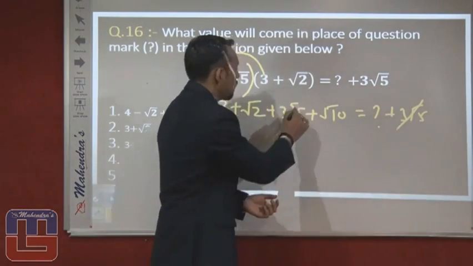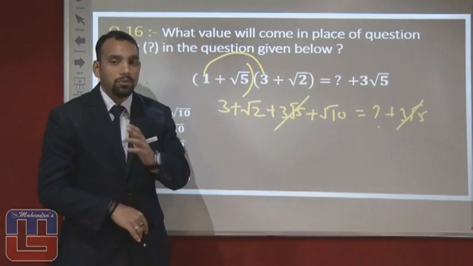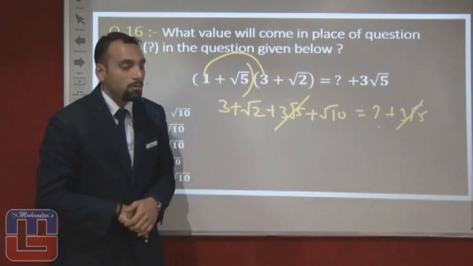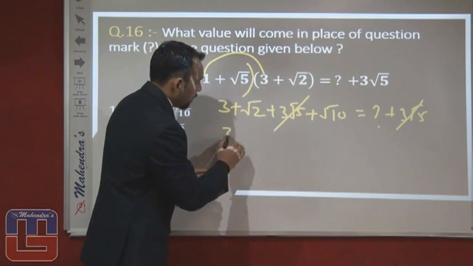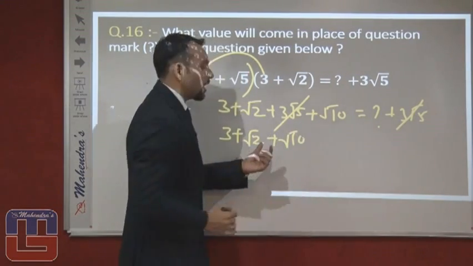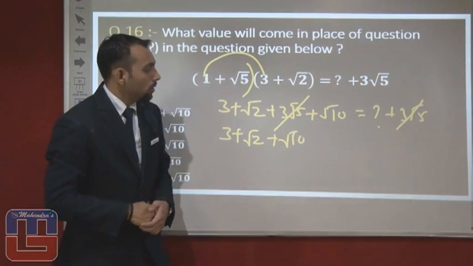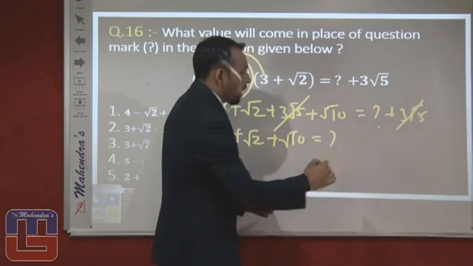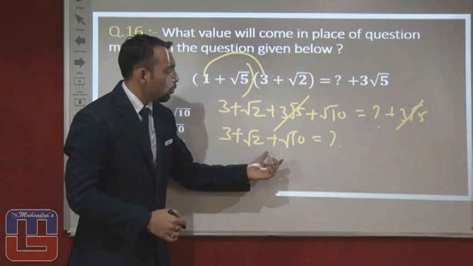It will be cancelled, and directly we have to find the value of the question mark. This 3 plus root 2 plus root 10 further cannot be solved. So the value of the question mark is equal to 3 plus root 2 plus root 10.